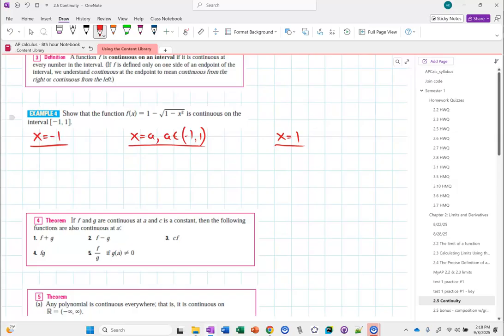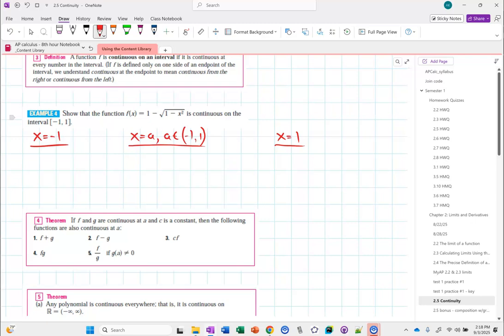Now, if it said over its domain, that's rude, because now you have to find the interval yourself. But yes, looking at the graph would be perfectly reasonable, assuming you have access to a calculator. Because you always have to remember that on the AP exam, and on my exams, you'll have a calculator portion and a no calculator portion.